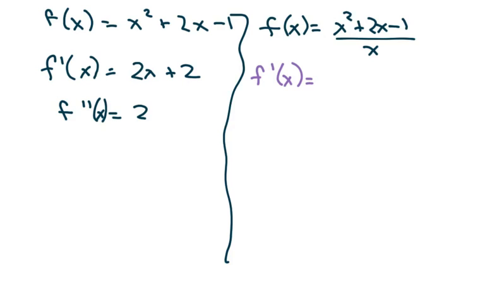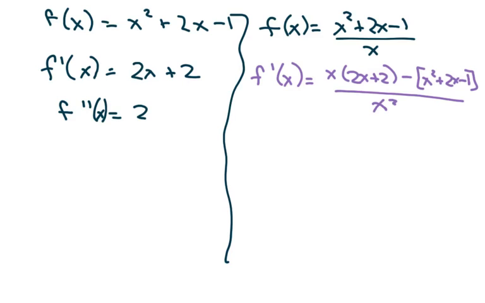So that's going to be x times the derivative of the numerator minus the numerator times the derivative of the denominator, which is just 1, over x squared.